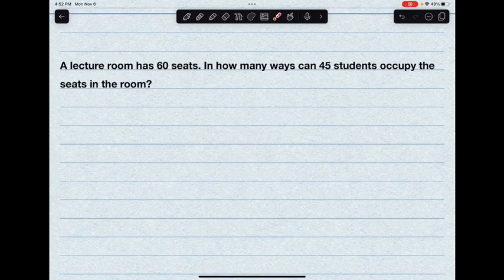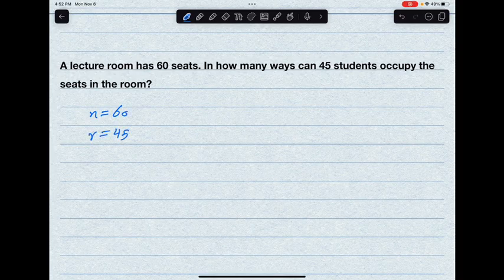Okay, the right way is we have 45 students, and then for each student we choose a seat. So that means we have 60 objects. We're gonna find an arrangement of 45 of them. Okay, there is an order, there's no repetition, so therefore here we have n equals 60 and r is 45.